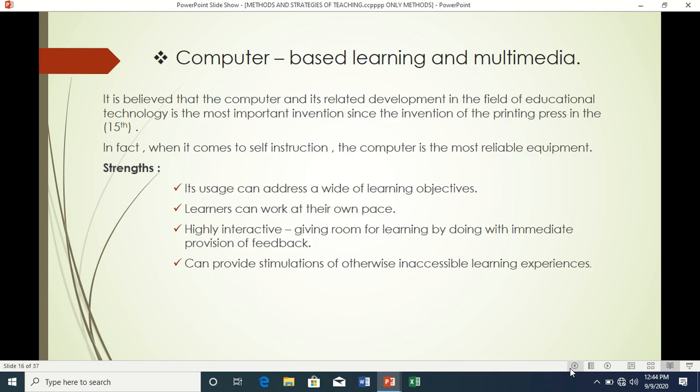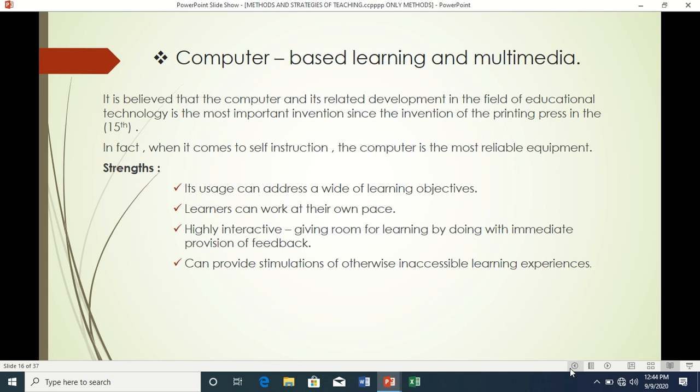Now, let us look at computer-based learning and multimedia. We believe that the computer today and its related development in the field of educational technology is the most important invention since the discovery of the printing press in the 15th century, somewhere 1650 or thereabouts.